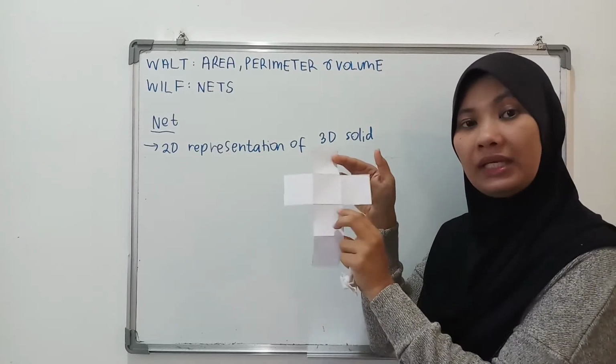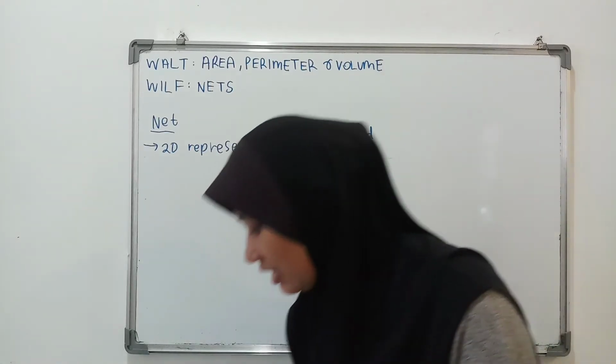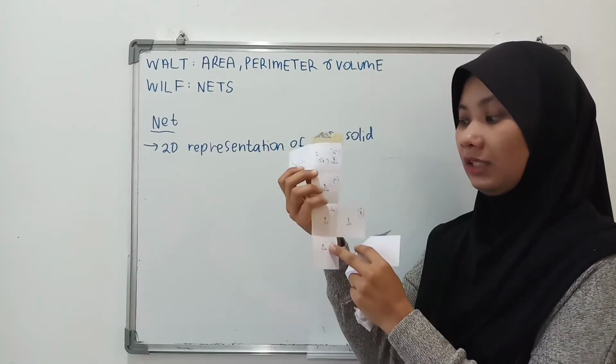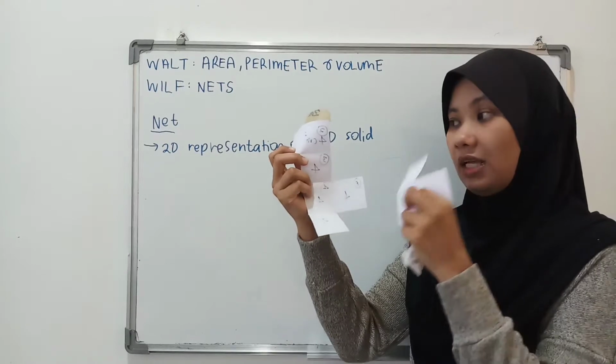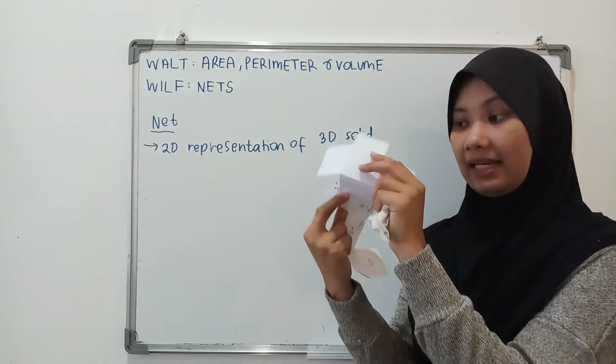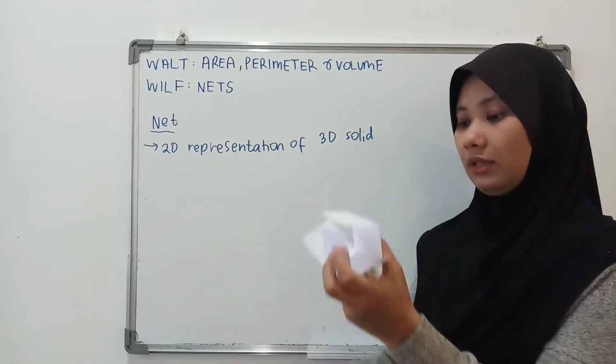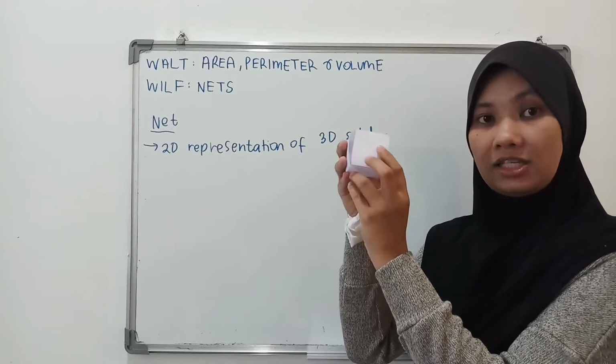It doesn't need to be in this form only. It can also be in this form. Because if I fold this net, I can get a cube.